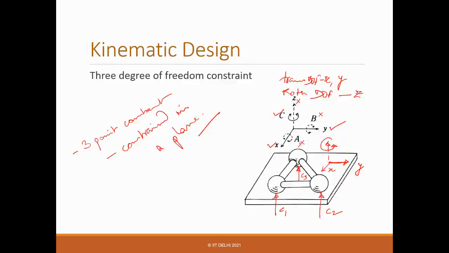But if C3 is offset from C1 and C2, there is a line connecting C1 and C2, and if you take this point, there is a normal distance, right? Because of that, it will not allow this rotation B along the y-axis. So 3-point contact, 3 constraints, and you have only 3 DOF, which is in the plane defined by those 3 contact points.